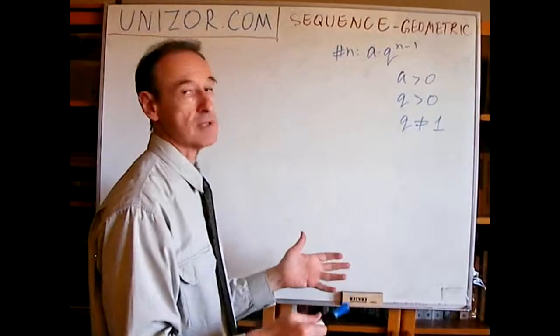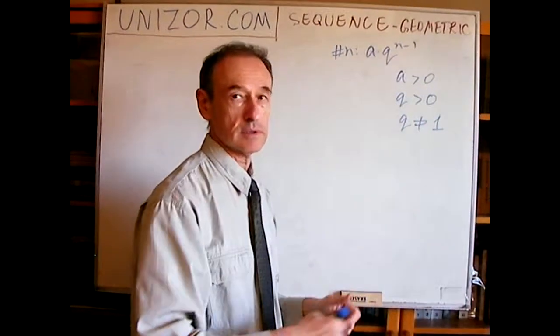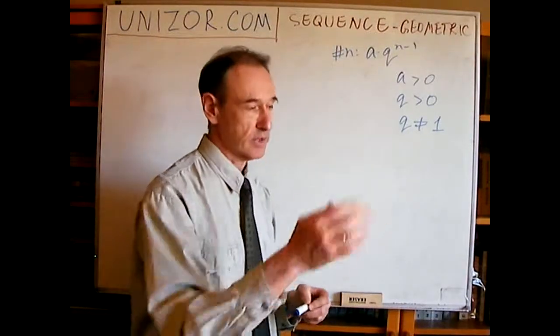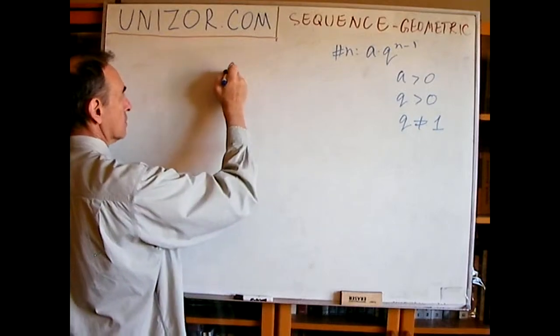Now we have two cases, from 0 to 1, and then greater than 1 to infinity. Two cases. All right, so let's do the first one.